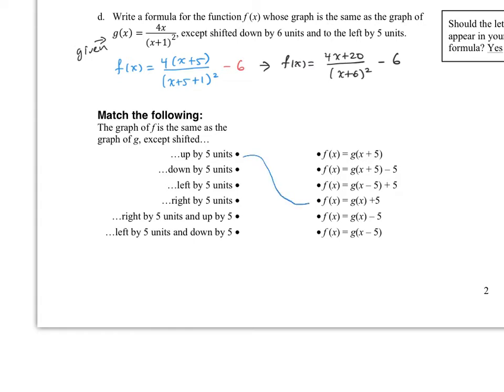So up 5 units will be this, down 5 units will be this, to the left 5 units it will be that, to the right 5 units only it will be this, right 5 units and up 5 it will be this, and left 5 units and down 5 it will be this one. So you should stop the video and check all of those.